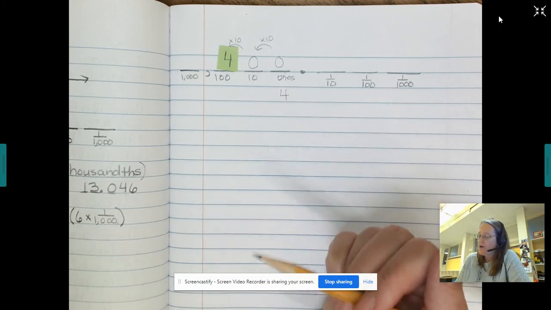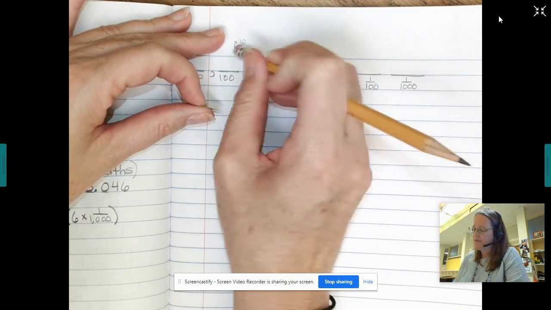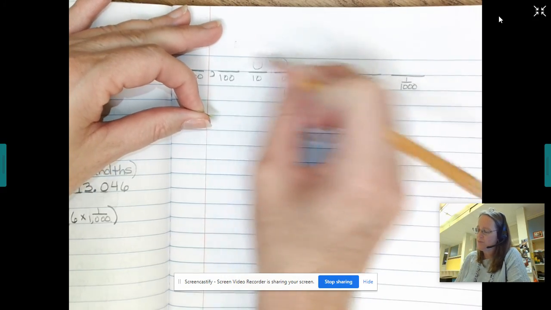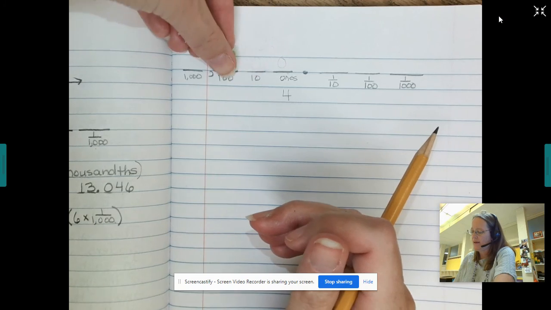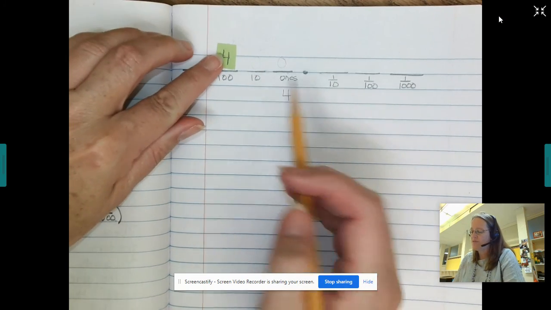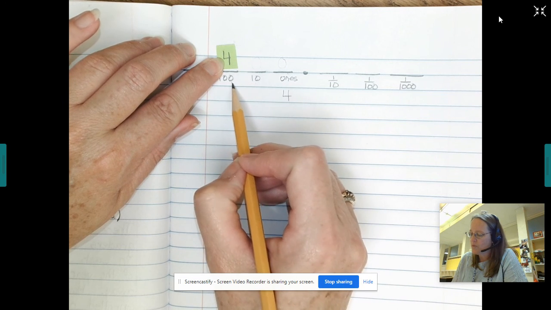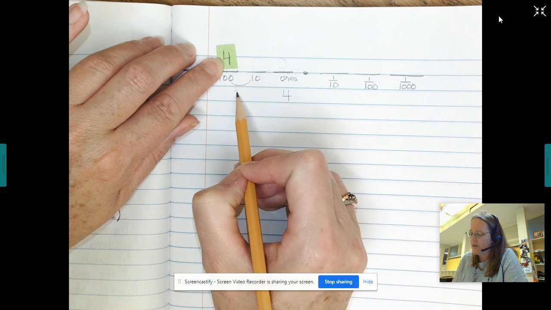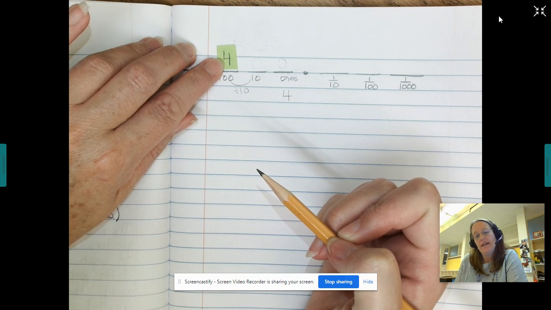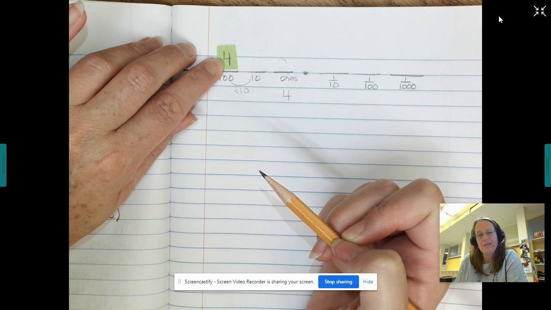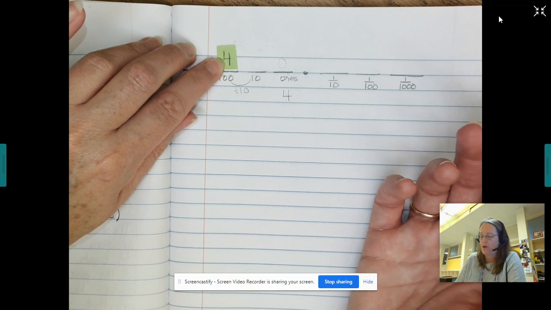Okay, so the same idea as the digit moves to the right on the place value chart. Right now its value is 400. As it moves to the right, the value divides by 10 or becomes 10 times less, or we can say it's 1/10 the value.